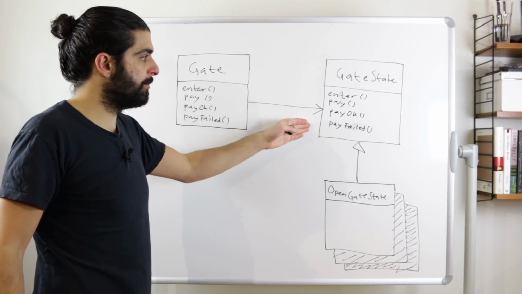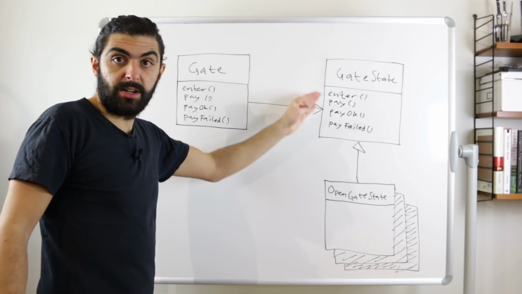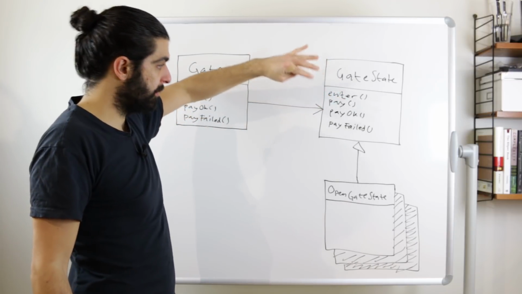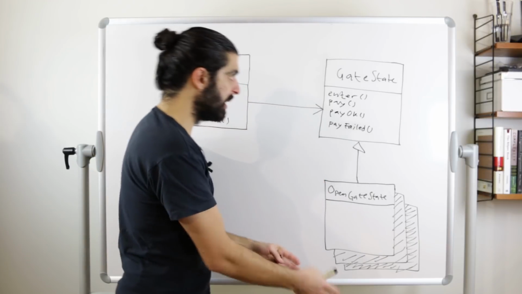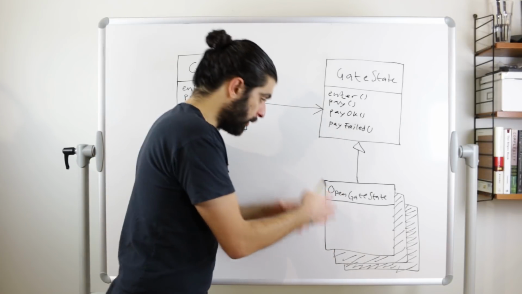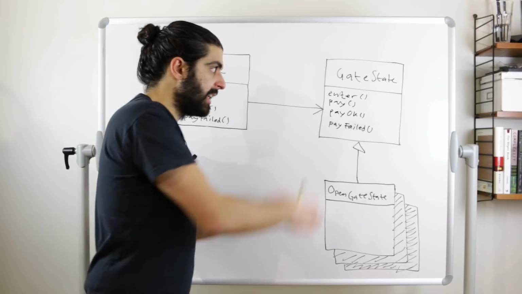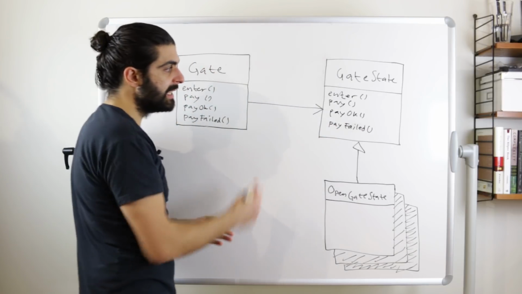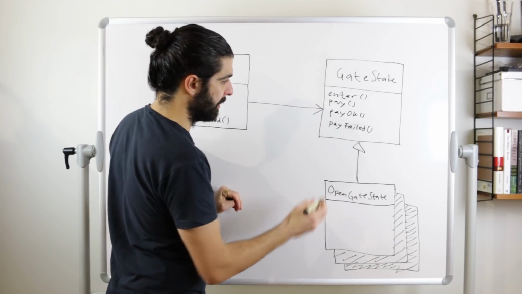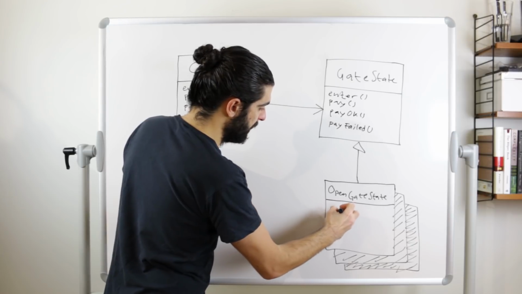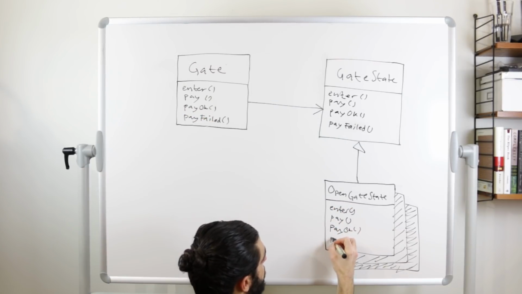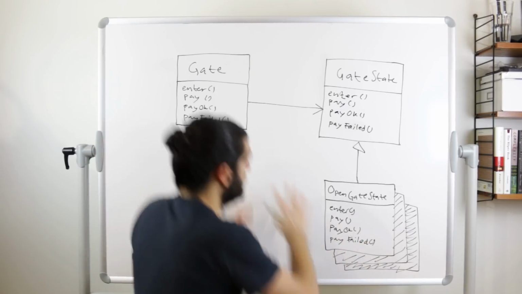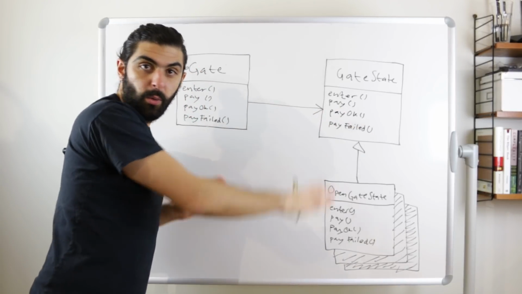And as we were saying before, the interface declares the need for these methods to exist. But then, of course, the concrete implementors of this interface, the concrete gate states that actually implement the gate state interface, need to supply implementations for these methods, which means that we repeat them here. So enter, pay, pay OK, and pay failed. So it's essentially the same set of methods all over the place.